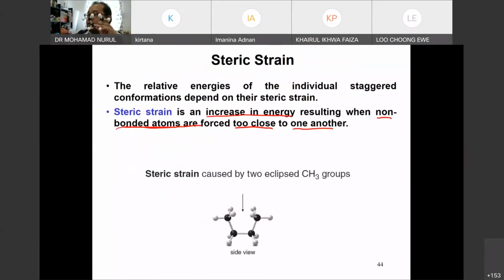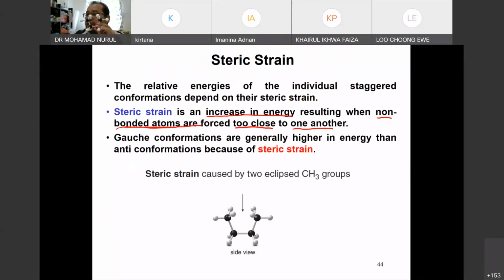Gauche conformations are generally higher in energy than anti conformations because of steric strain, because of these two CH3 groups here. So this one we call steric strain.